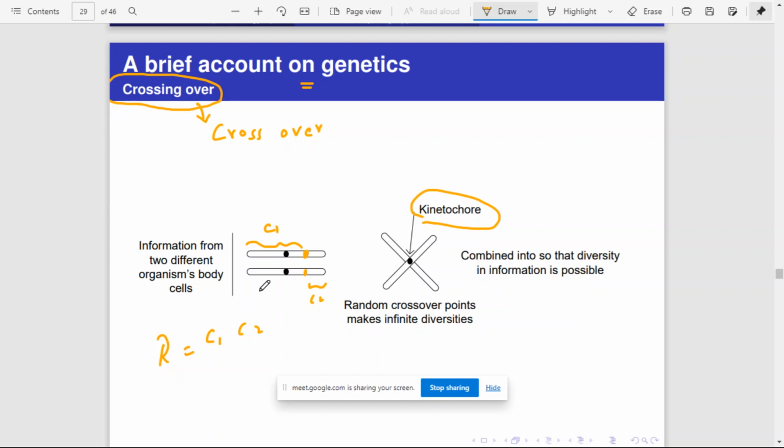Otherwise, it may take the first part from here, let me call this C3 and this C4, or it can take C3 C4, any combination. So this kinetochore point can be anywhere, depending on what type of offspring you want to create. This method is called crossover.